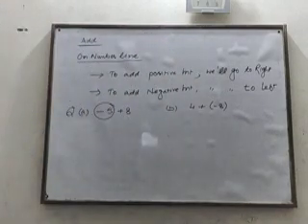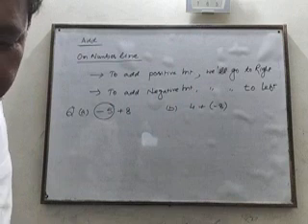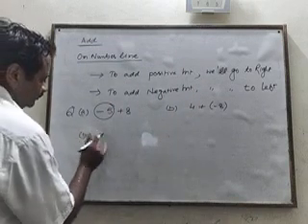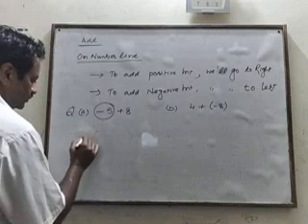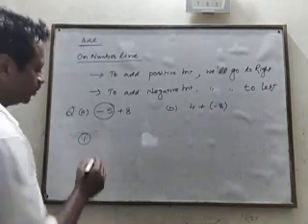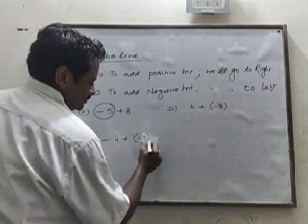For the practice, you can write: do on the number line. First question, minus 4 plus minus 7.